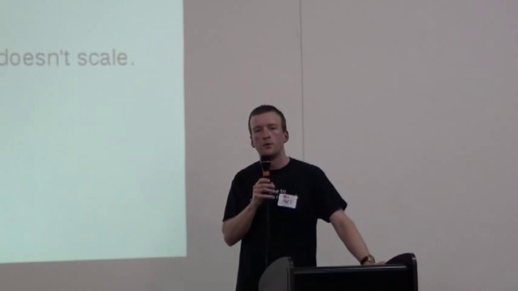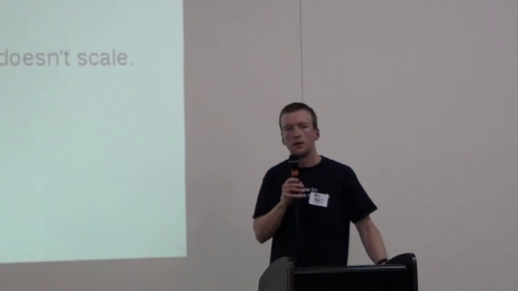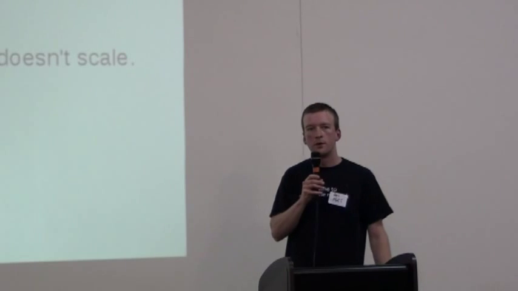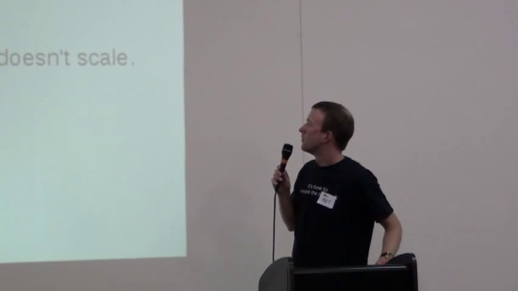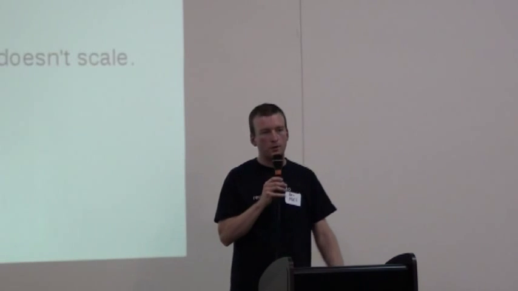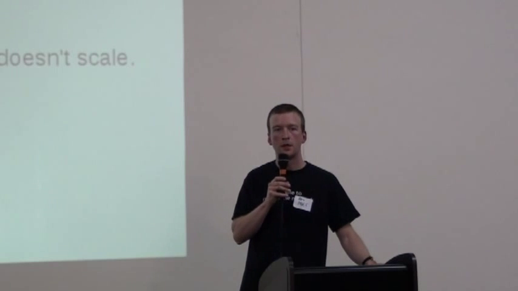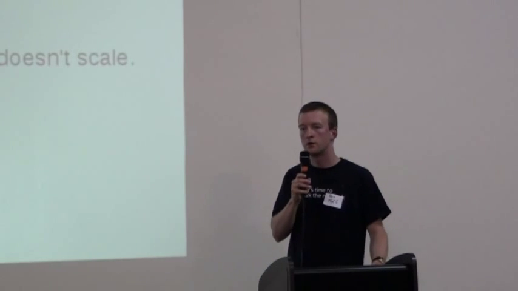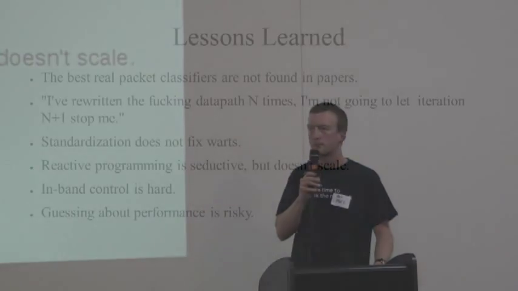You can't afford to send the first packet of every flow over your network. For one thing, if the network's down, then you're in big trouble. And for another, the bandwidth and the latency just isn't acceptable. So all of the controllers that Nicira has released do not do this sort of reactive programming. They set up all the flows in advance.